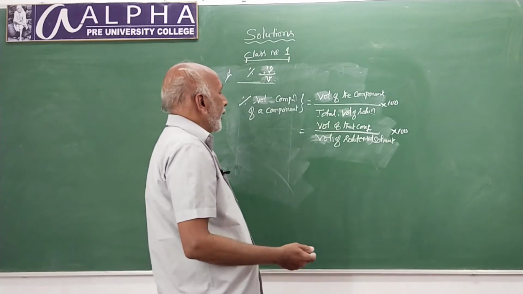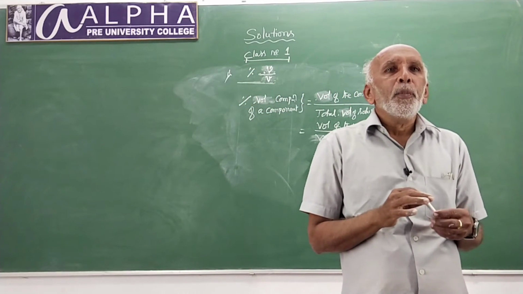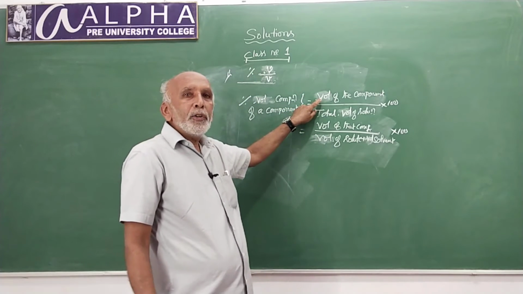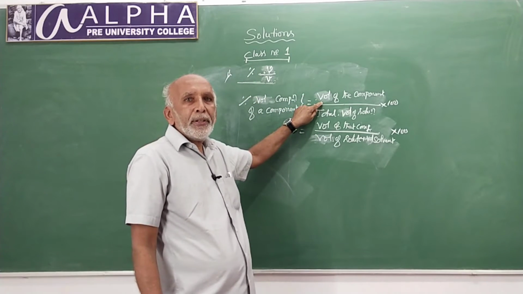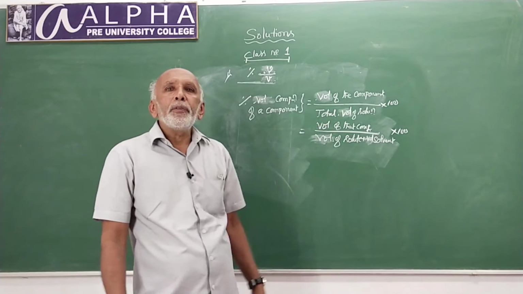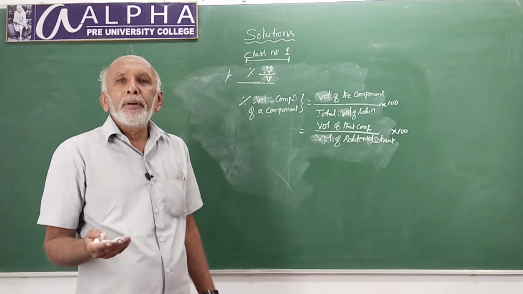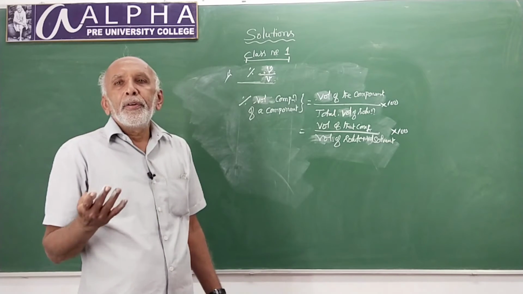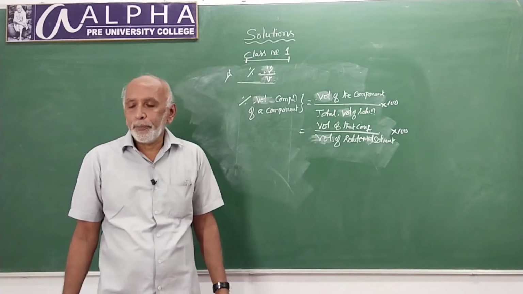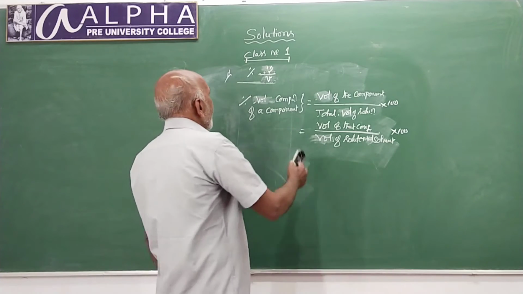So, percentage volume composition is the percentage ratio of volume of the particular component present in the solution to total volume of the solution. Total volume of solution is nothing but volume of solvent plus volume of solute. This is one thing.